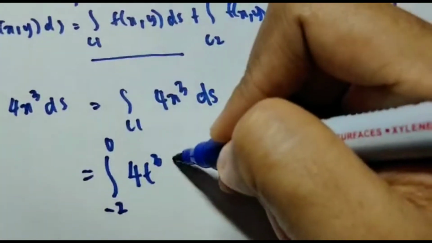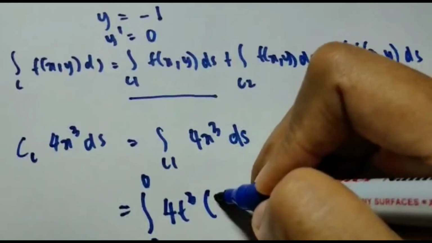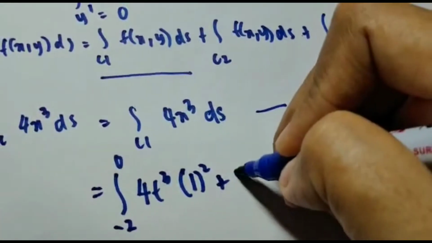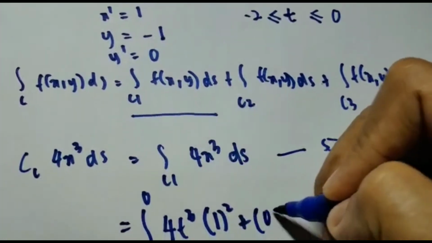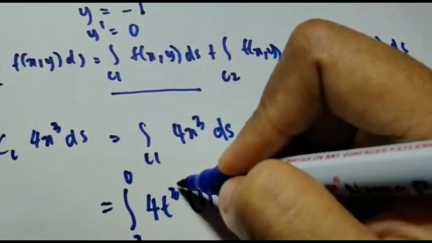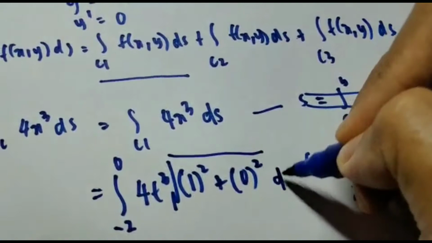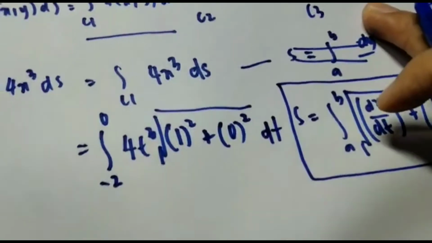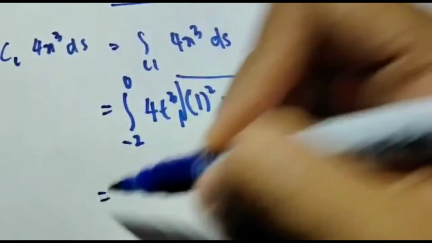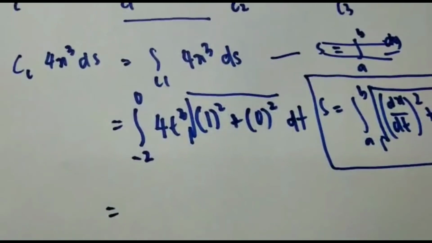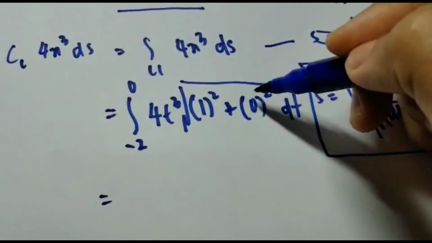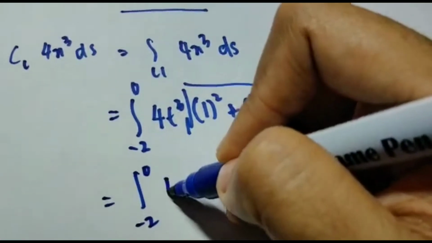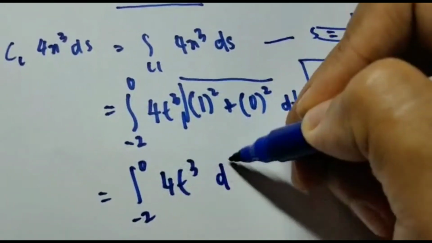So the square root of 1 squared plus 0 squared dt. We simplify this, we get 1, so the integral from -2 to 0 of 4t cubed dt.